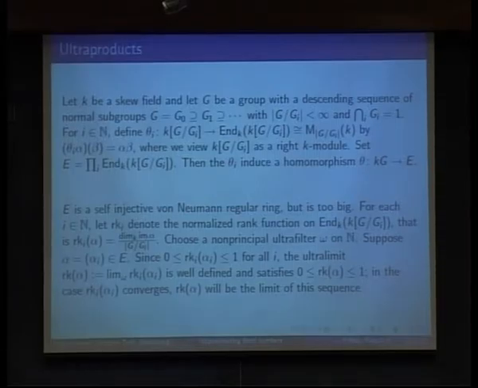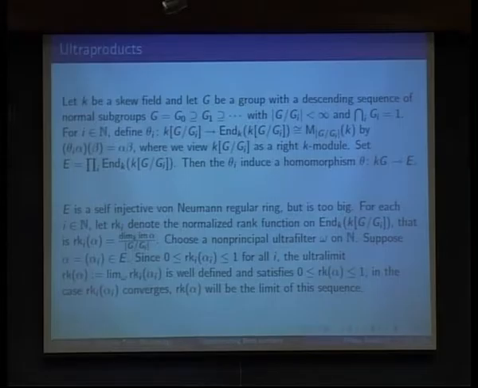So you take a quotient of E. You do it as follows: for each positive integer i, let rank_i denote the normalized rank function on the matrices over KG over G_i. So I call that the dimension of the image of alpha divided by the order of G over G_i.